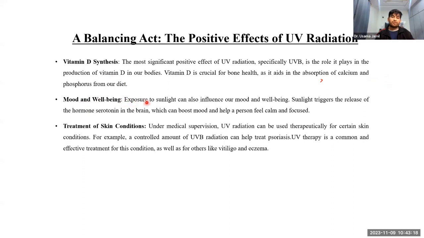Mood and well-being: exposure to sunlight can also influence our mood and well-being. Sunlight triggers the release of the hormone serotonin in the brain, which can boost your mood and help a person feel calm and focused. So besides vitamin D synthesis, our mood and well-being also depend on sunlight, because this hormone is called the happiness hormone or happy hormone. It gets released once we are in sunlight.